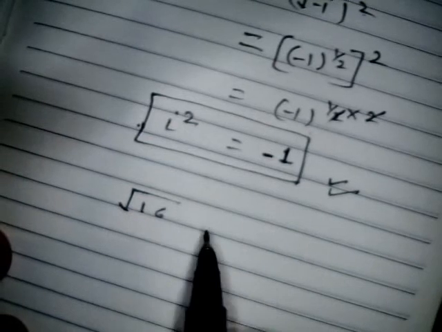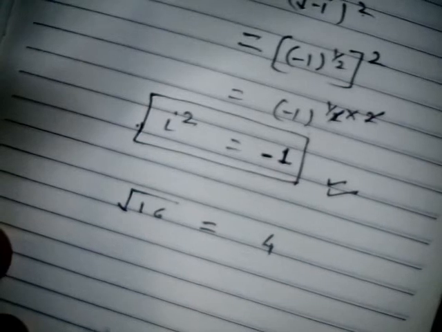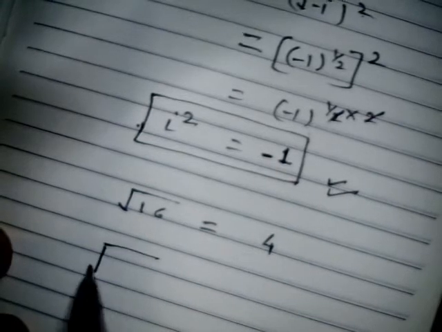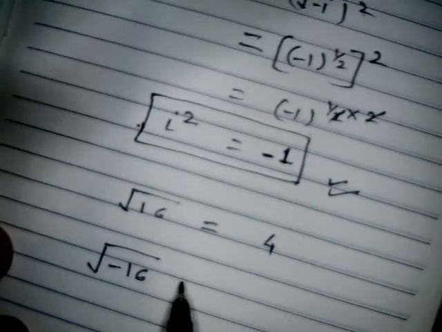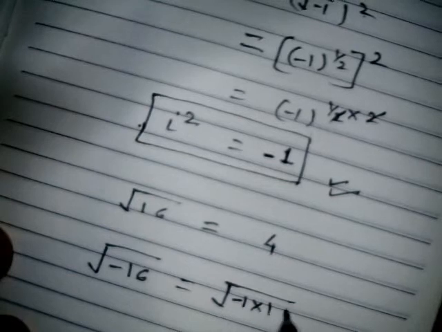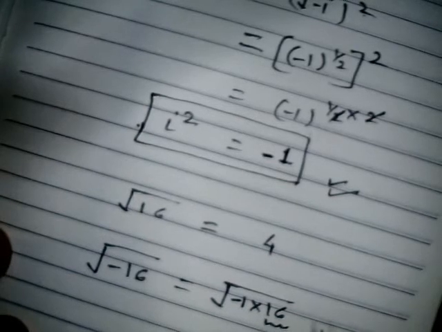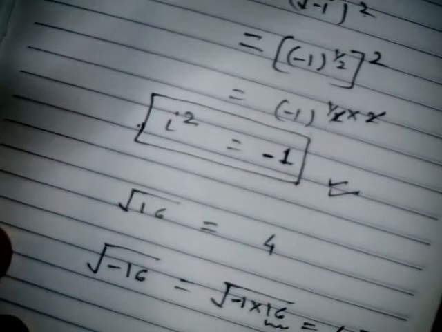Suppose in place of root 16 it is given root of negative 16. So what can we write here before finding the square root? Negative 1 into 16. This 16's square root is 4, but still inside the square root what is left? Negative 1. So how to find the square root of this negative 1?